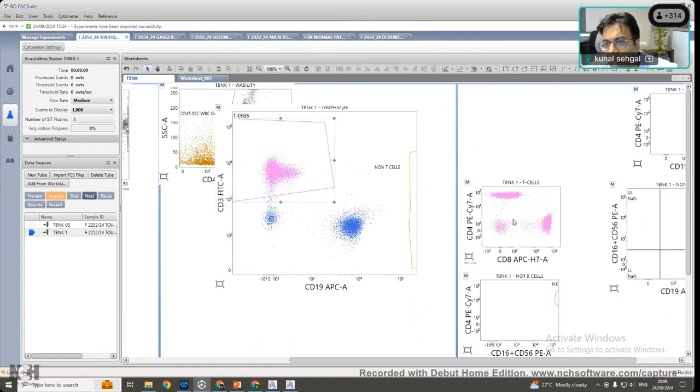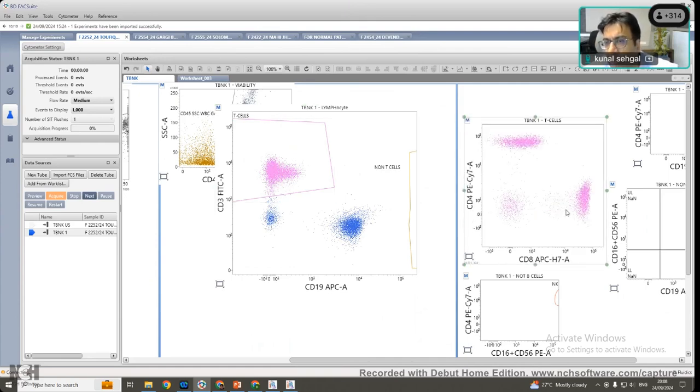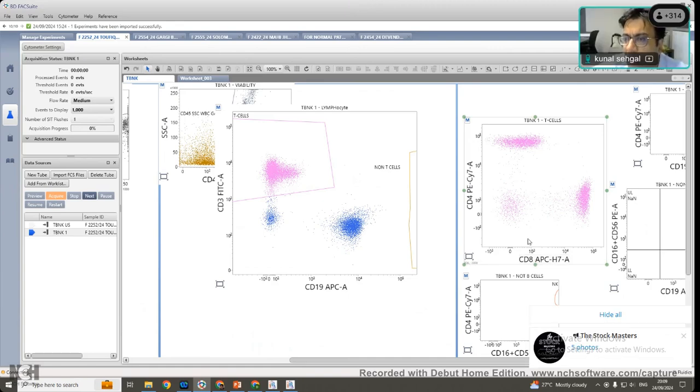Amongst T lymphocytes, what would you like to study? T regulatory cells, T helper cells, cytotoxic cells. Which is the marker of T helper cells, CD4 or CD8? CD4. So if I want you to tell me how much percentage of CD4 cells there are, what can I do?